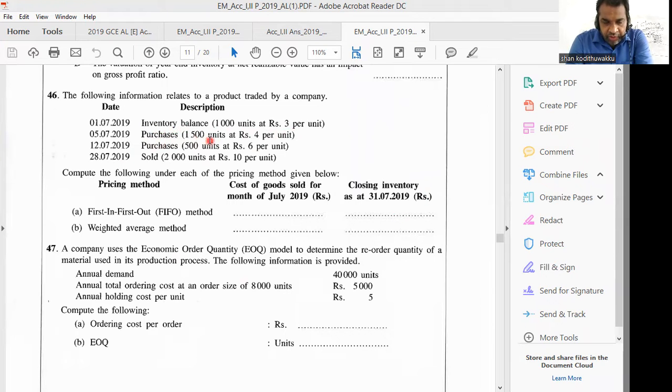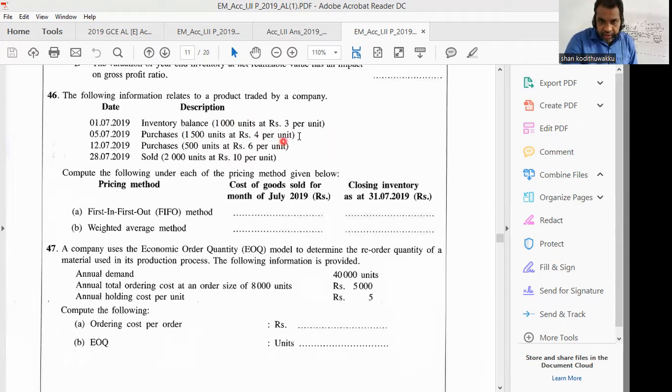Then when you purchase 1,500 units at 4, under the weighted average method you can calculate the average price. How? Opening balance 1,000 into 3 is 3,000, plus 1,500 into 4, 6,000. Total 9,000 just after the first receipt on 5th July. The value is 9,000, divided by total units 1,000 plus 1,500, 2,500.